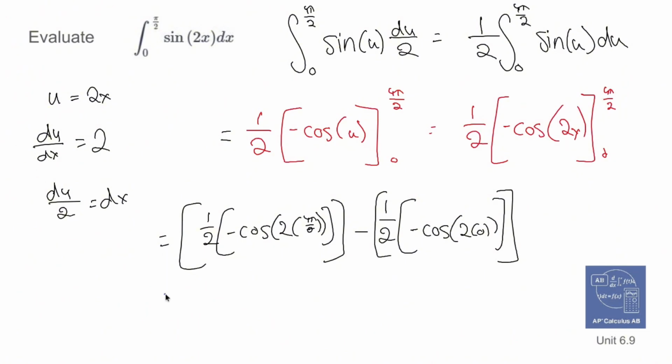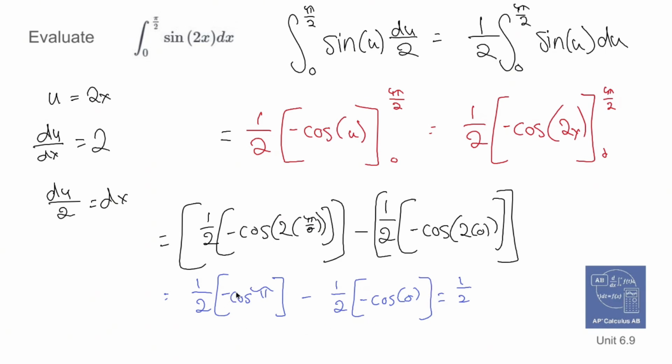Okay, you become, I really don't need that first bracket anymore, 1/2 times negative cosine of regular pi minus 1/2 times negative cosine of nothing. Cosine of pi is -1.